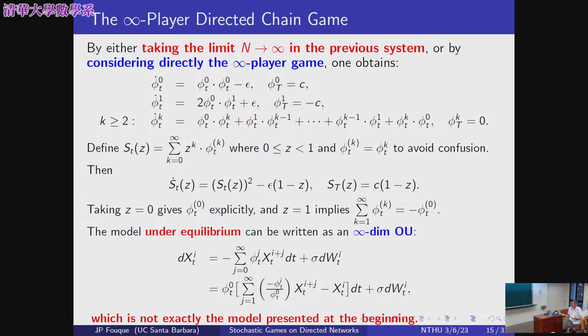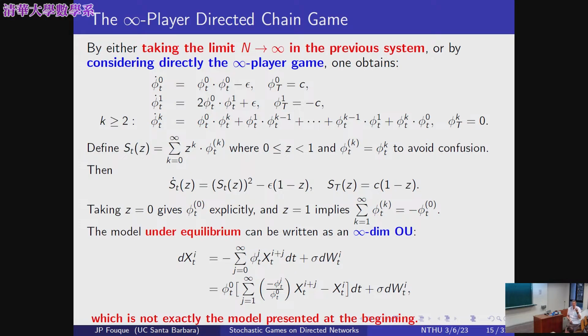Under equilibrium, it's like an infinite dimensional Ornstein-Uhlenbeck process where the xi is attracted to everybody else, but with some weight. Right? You are attracted to the next one with huge weight, 1/2, and then it decreases. The weights are decreasing. So now, this is the way to write it to see that it's an OU process, attracted to everything.